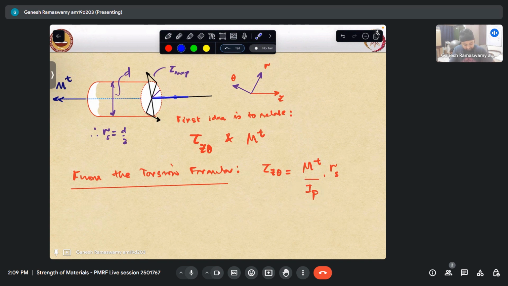That is, ip will be izz here because z is pointing out of the plane of the cross section. So ip will be izz.